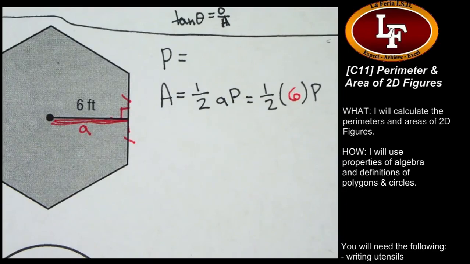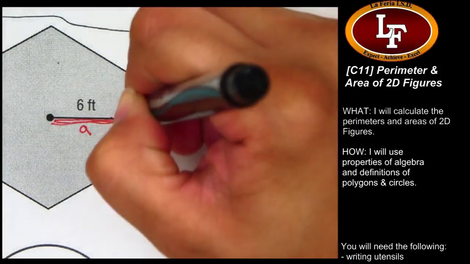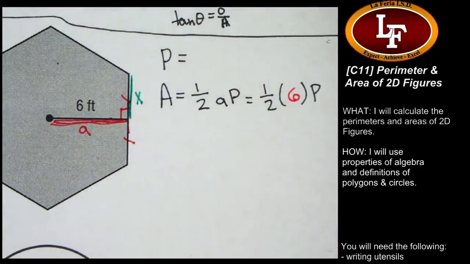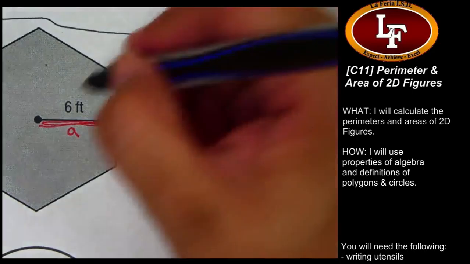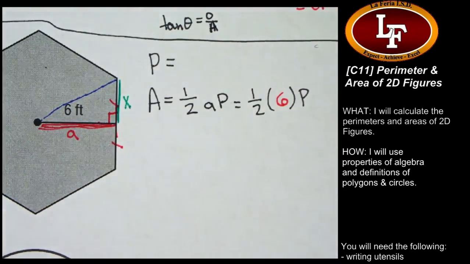Now I just need to figure out what the measure of this side length is right in here so that I can then multiply it by 2 and calculate the perimeter. Like I did in the previous example, number 17, I'm going to add in the segment that creates the radius so that I can see where my angle is.